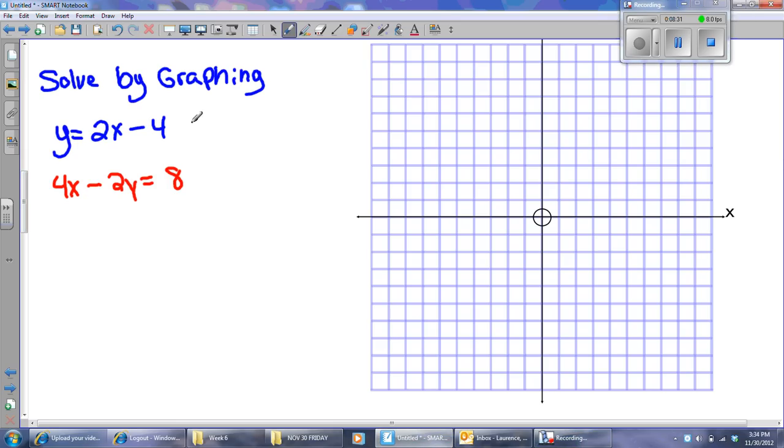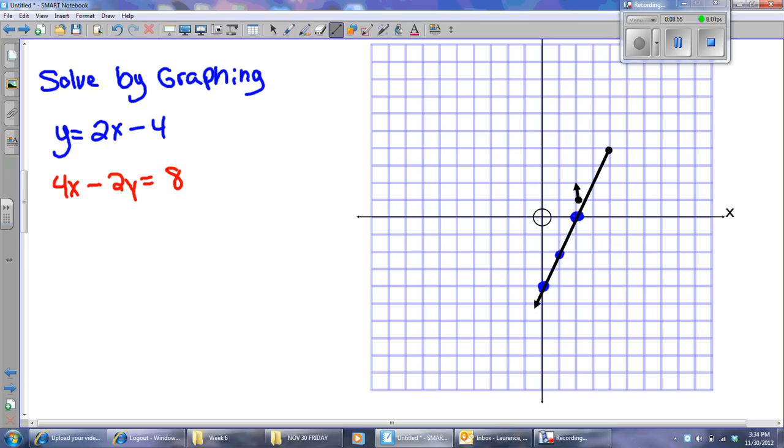The blue equation, I'm in slope-intercept form, so I'm going to use my y-intercept. And then I'm going to rise 2 and run 1. And so my line is going to be up 2 over 1, up 2 over 1.